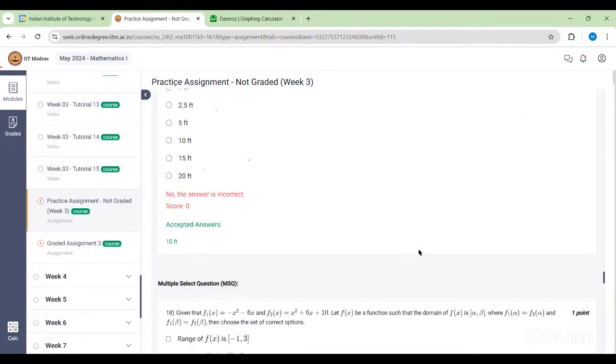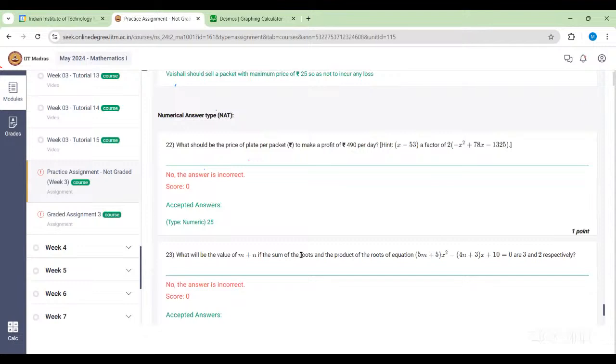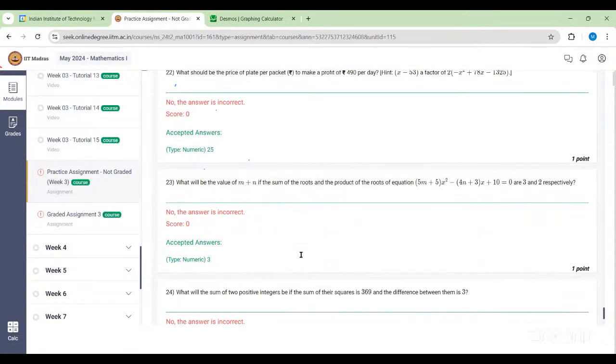What we have to do is find m plus n. Question 23, sorry. What will be the value of m plus n if the sum of roots and product of roots of the equation are 3 and 2 respectively? The sum and product of roots are given, so you can explicitly find the roots. Suppose I have 2 roots, alpha and beta. The sum alpha plus beta is 3 and the product alpha beta is 2.